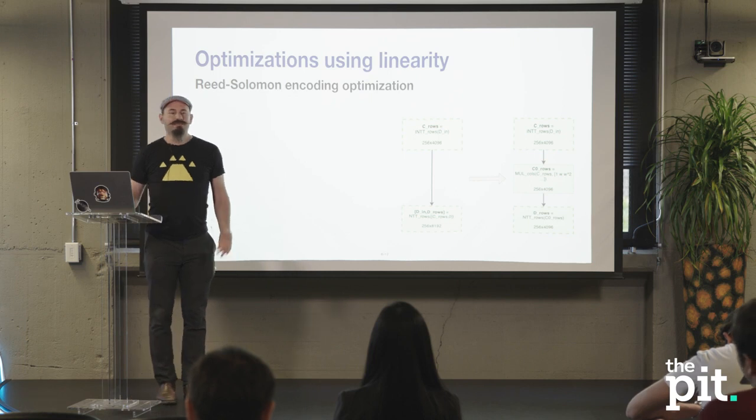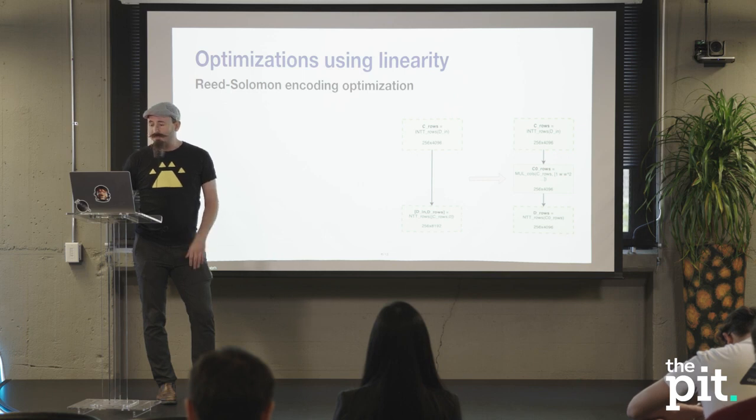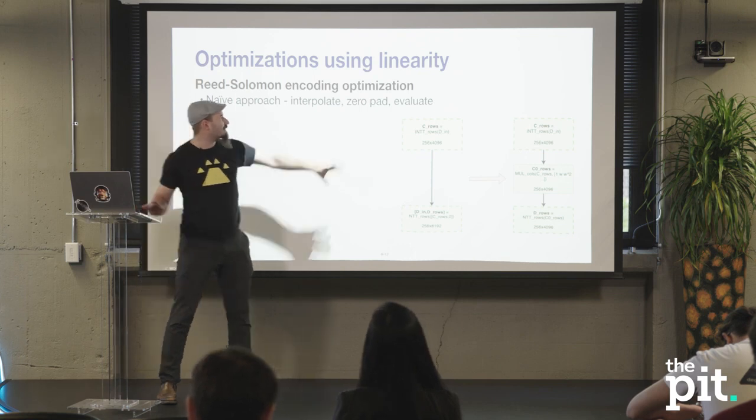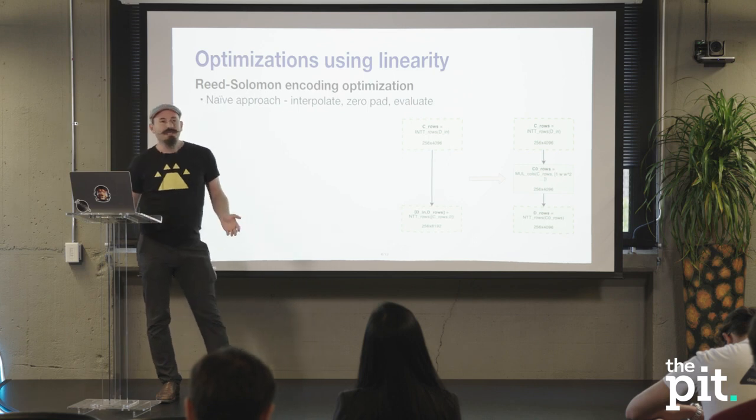So, optimizations using linearity. The first thing we do is look at the Reed-Solomon encoding. The naive approach would be to first interpolate the data, zero pad so it's twice as long, and then evaluate the data. Interpolation meaning inverse NTT, and evaluation meaning forward NTT.